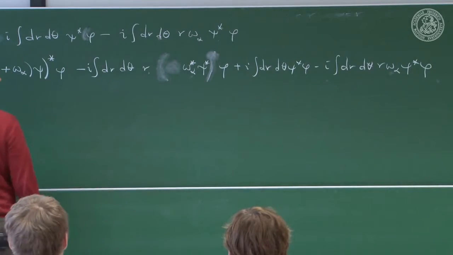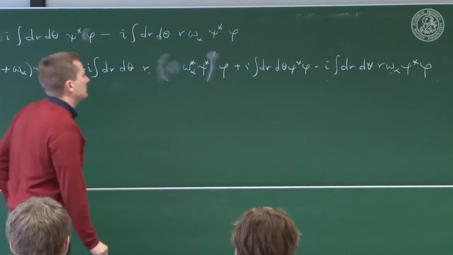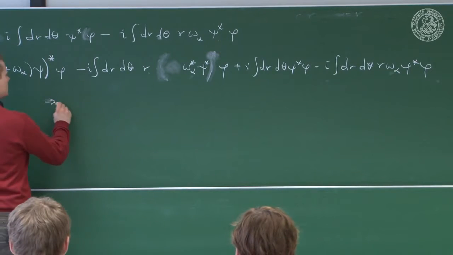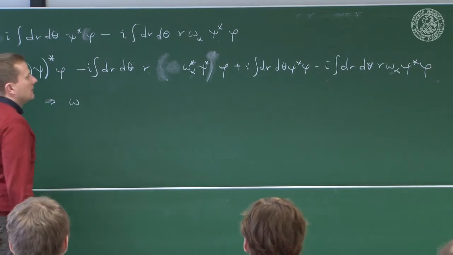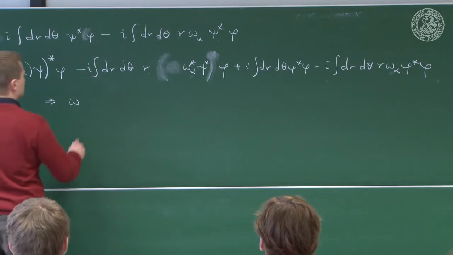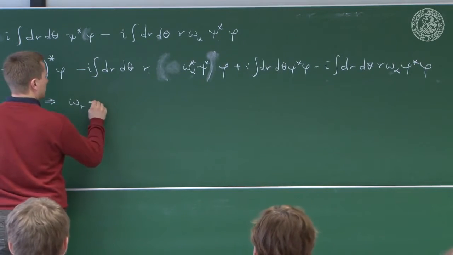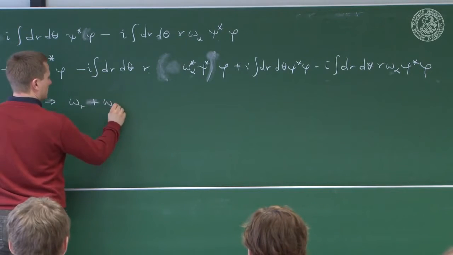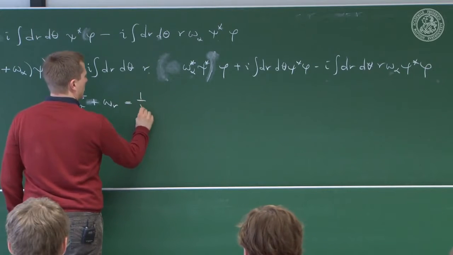So now these two terms together need to cancel this term, and this is certainly effected if omega r, because omega theta is 0 anyway, is such that omega r plus omega r star, plus omega r, must be 1 over r.